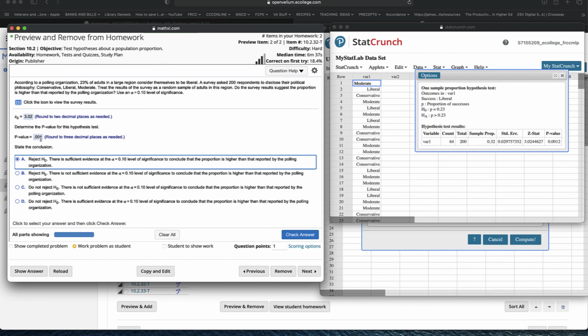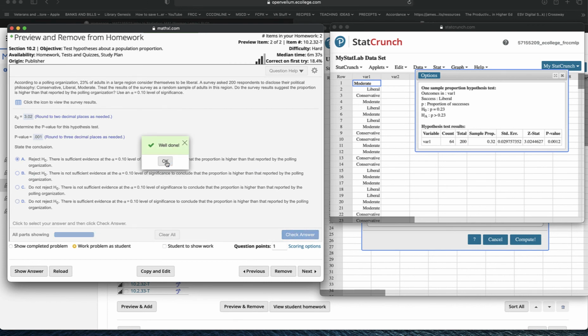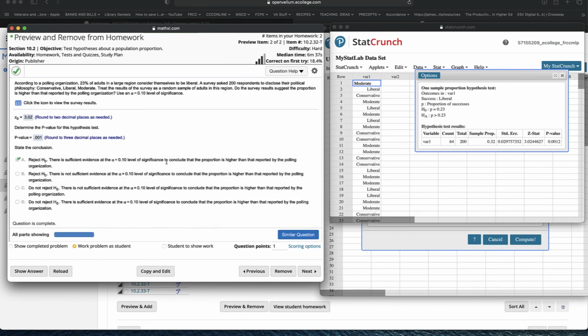But since the p-value is smaller than alpha, we are saying there is sufficient evidence. So we'll choose A. All right, so I hope this video helped on using StatCrunch. So we got both a data one, we got a rejection, and a fail to reject the null hypothesis. And I hope this helps you out.